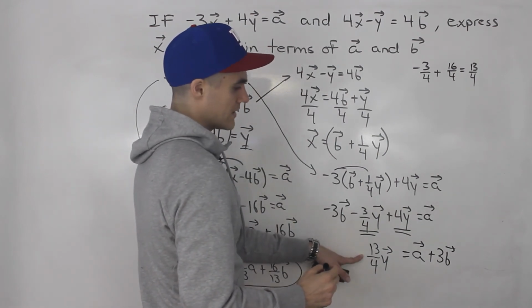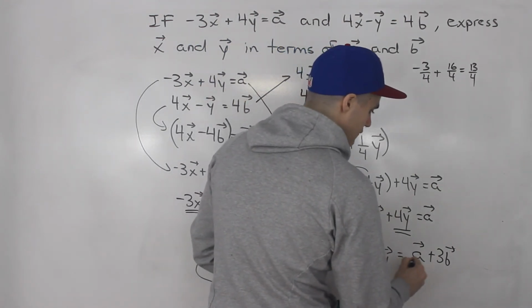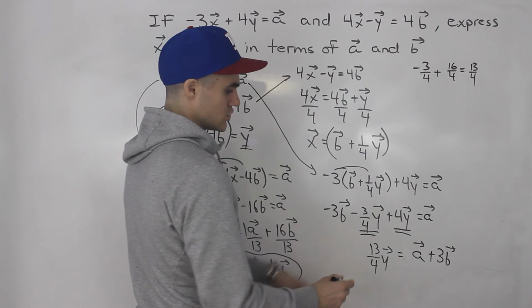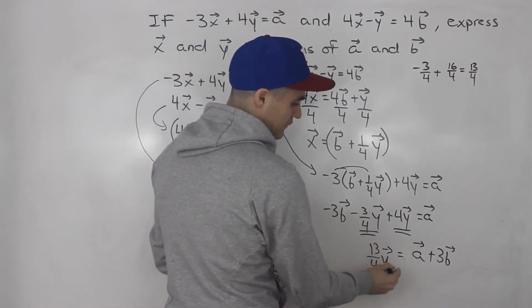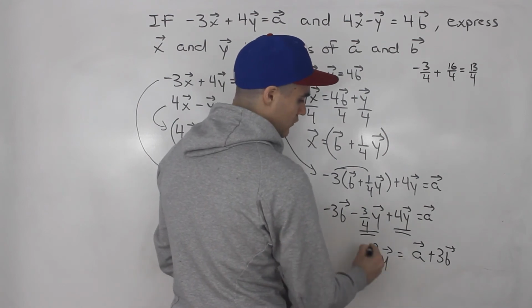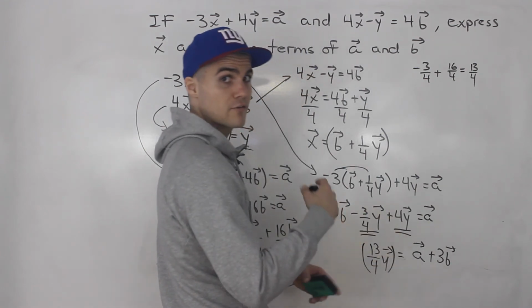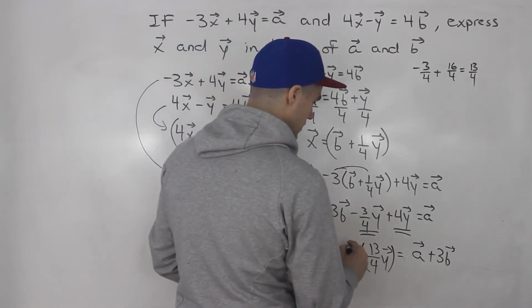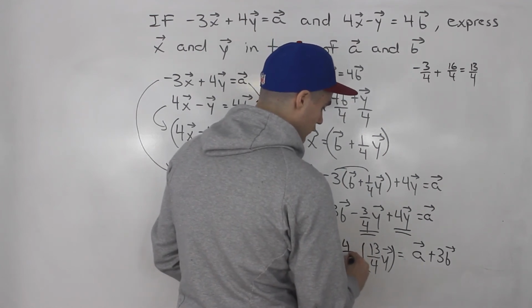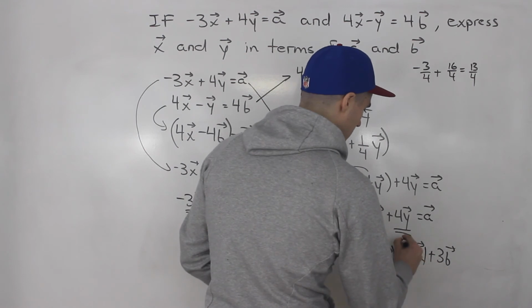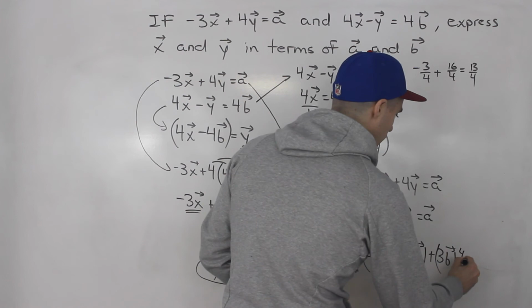Notice we want to get the y by itself. So what we can do is multiply everything in this equation by the reciprocal of this fraction. Or we can divide everything by 13 over 4, which would be the same thing as multiplying by the reciprocal, right? When you divide by a fraction, it's like multiplying it by its reciprocal. So this would be multiplying by 4 over 13, multiply this by 4 over 13, multiply this by 4 over 13.